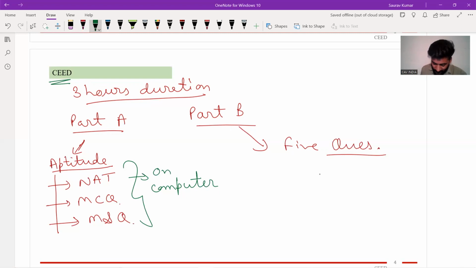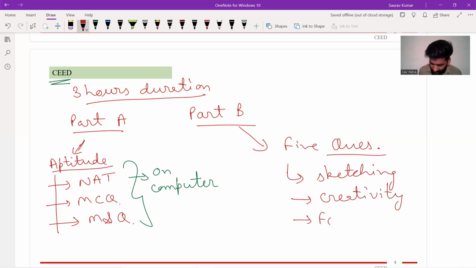So all these 5 questions include your sketching. One question for sketching, another question for assessing your creativity, then some form or visual sensitivity, and then problem identification.